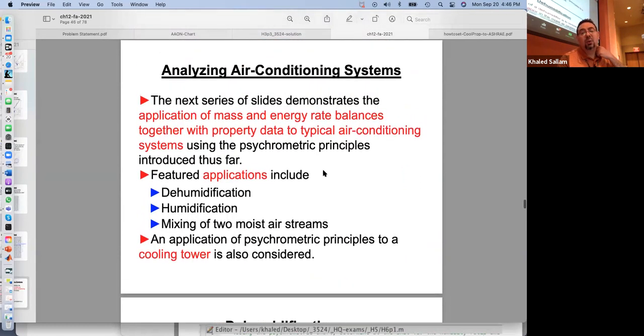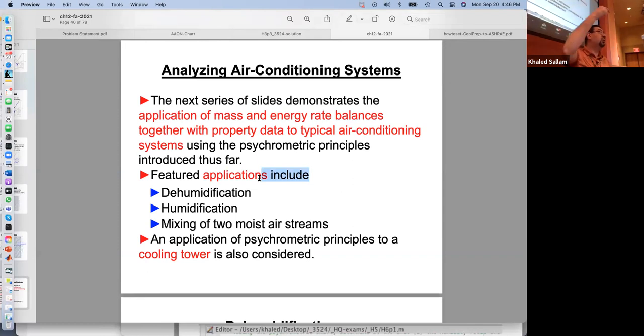So what we're going to use those charts and those equations for? Those three applications. Dehumidification, which is reducing the humidity, humidification, which increases the humidity, and mixing of two airstreams. That usually happens because of the AHU, the air handling unit.